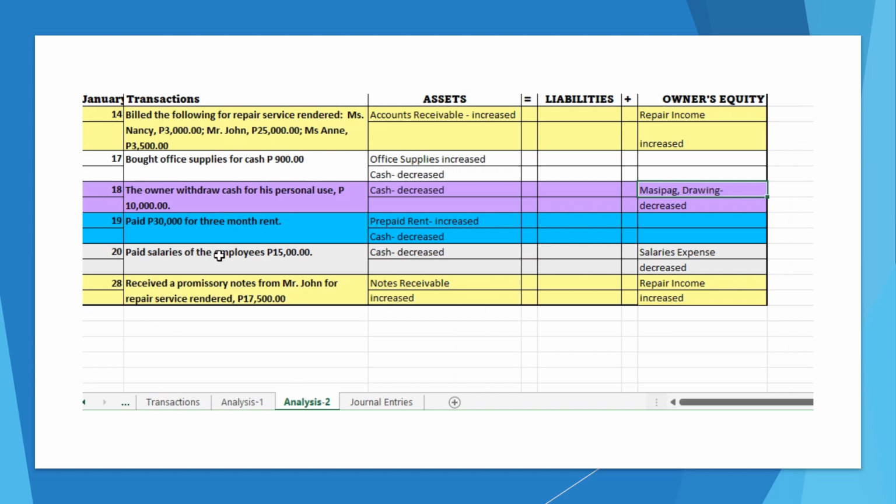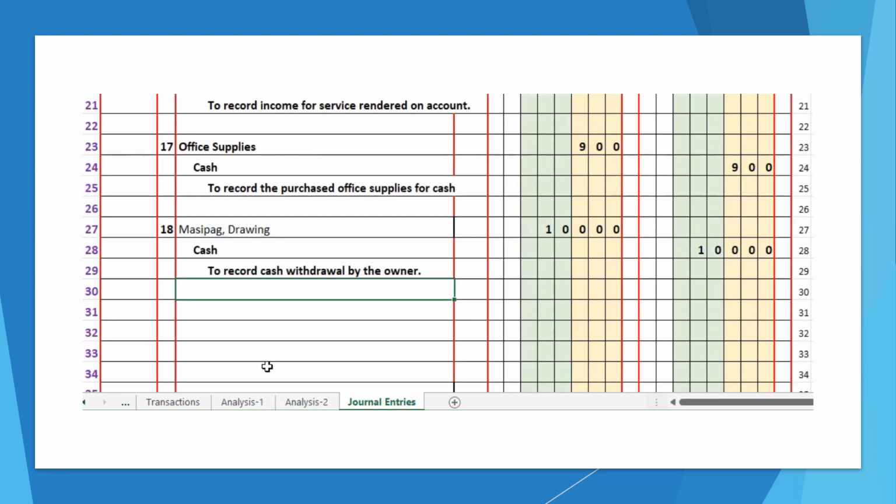Okay. After 18, what happened? After 18, let's go. So 19. So let's copy this. 30,000 is paid. Okay. And what is the date? 19. Yes. And then edit.